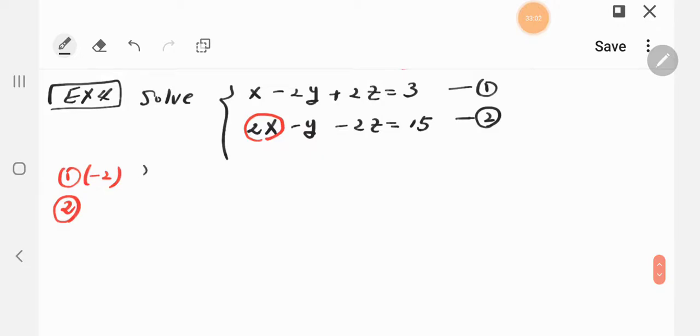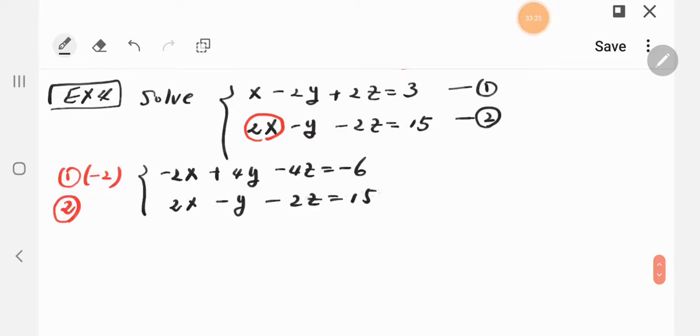Multiply the first equation by negative 2, so negative 2x, because we want to get rid of the x term from the second equation, then plus 4y minus 4z is equal to negative 6. The second equation is unchanged. Once we add, we can cancel out the x terms, and then we have 3y minus 6z is equal to 9.